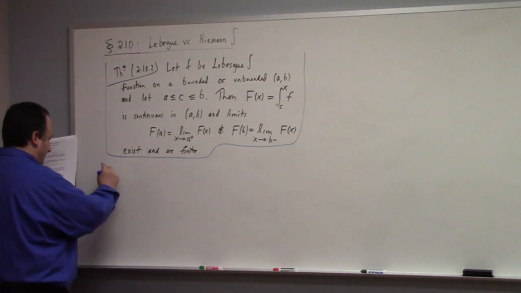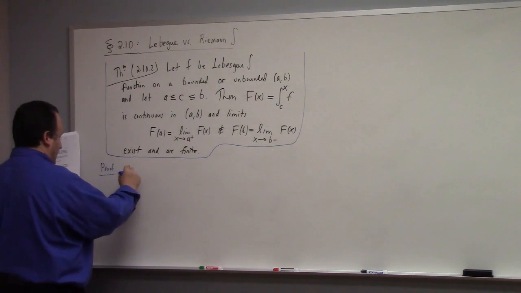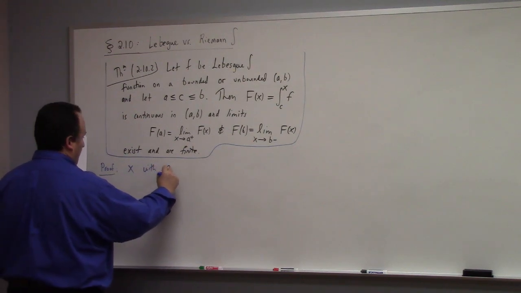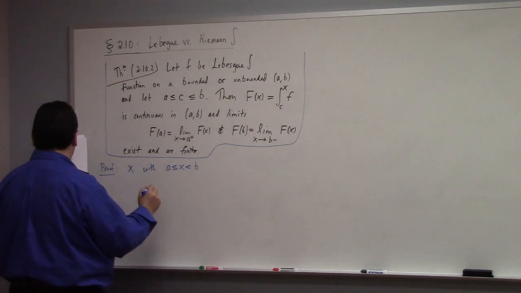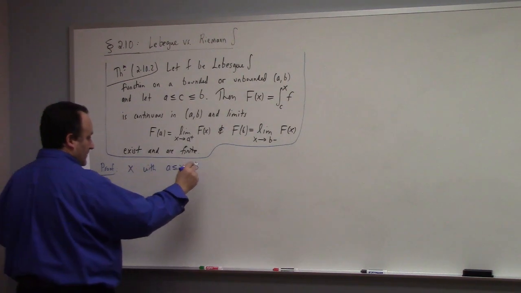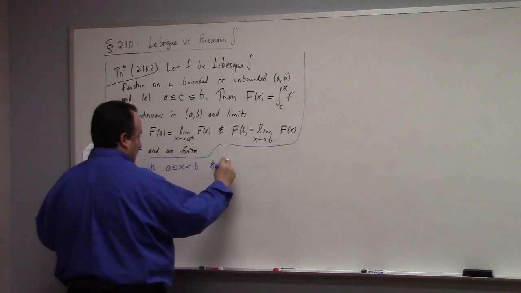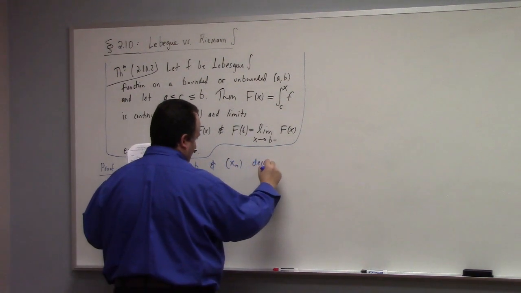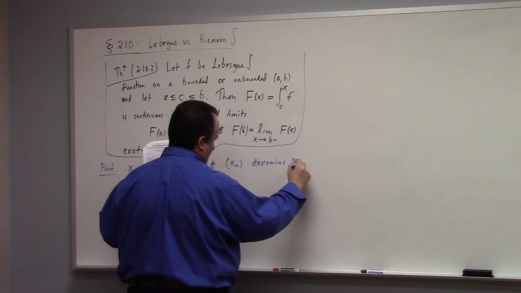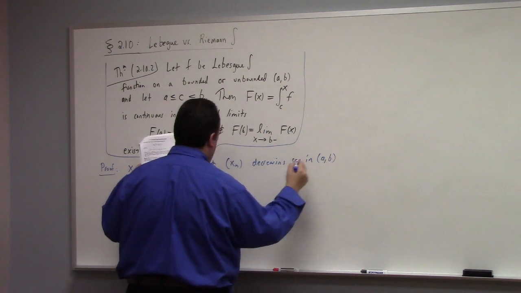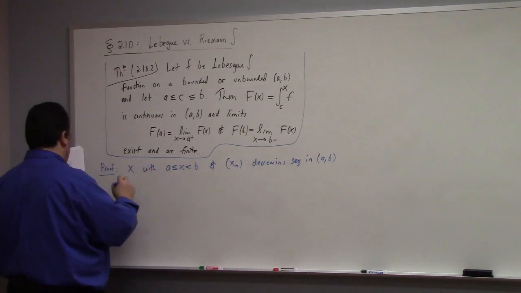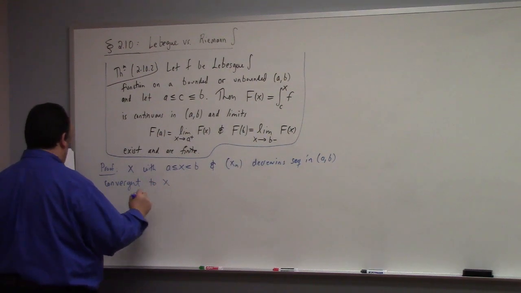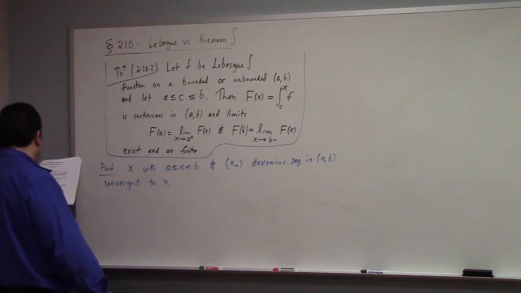So proof. Let x with a less than or equal to x less than b, all right? And he wants x sub n, a decreasing sequence in AB convergent to x.